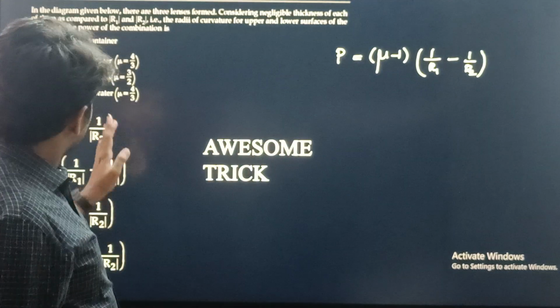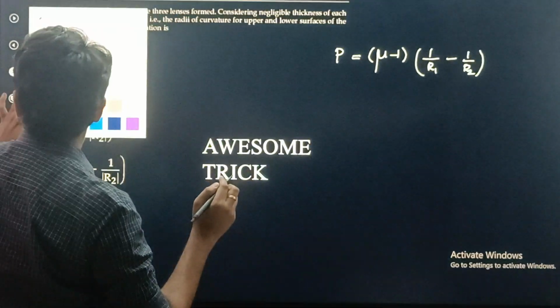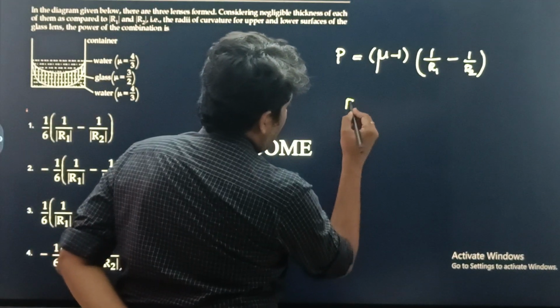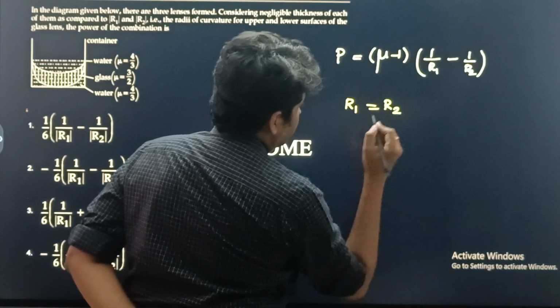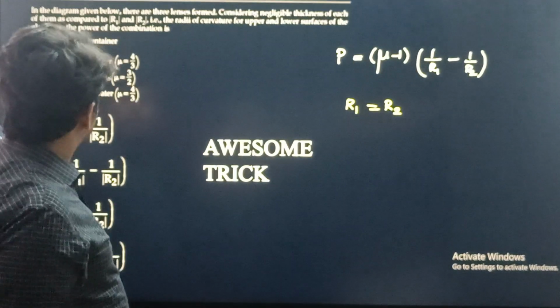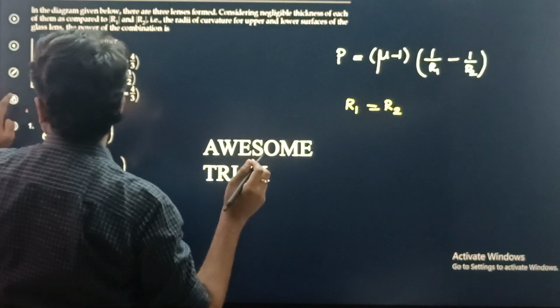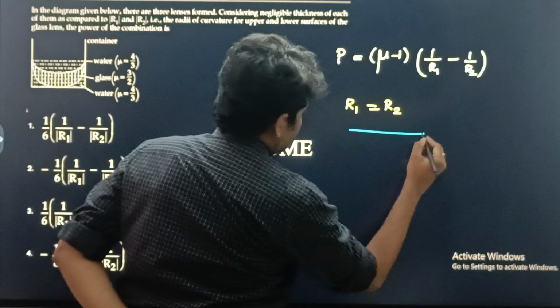Now, the first case, let us write that here. Suppose we take R1 equal to R2. Let us draw the diagram. First you have water. I'll use a blue one for water.